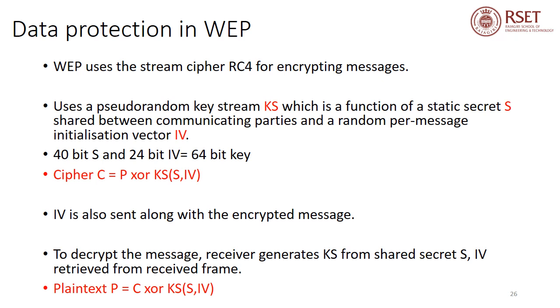And at the access point, to decrypt the message, the receiver will regenerate the key stream using the initialization vector just received and the already available shared secret value S, and using this recalculated key stream and the just received ciphertext, it will again perform an XOR operation to retrieve back the plain text. So this is how data is protected during data transfer in the WEP protocol.